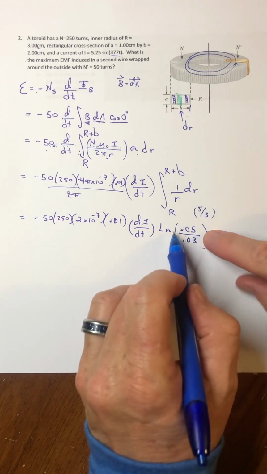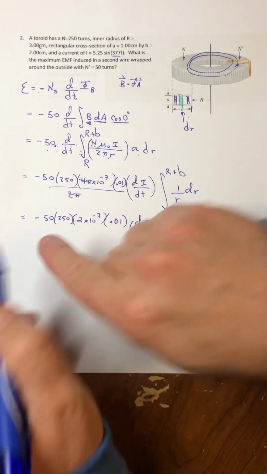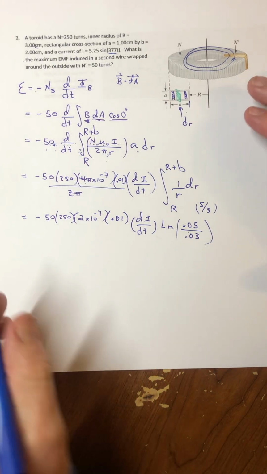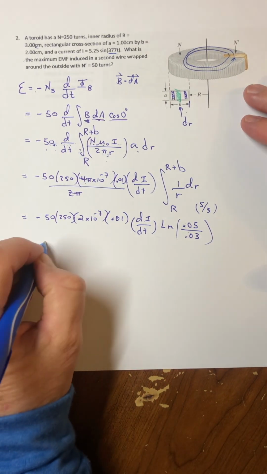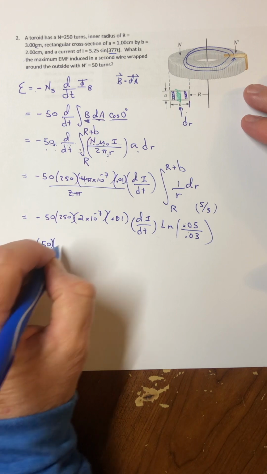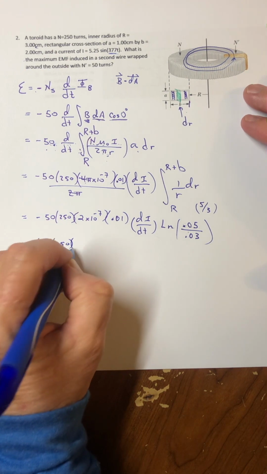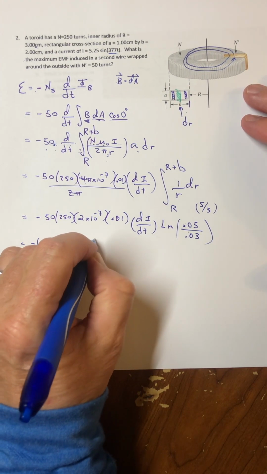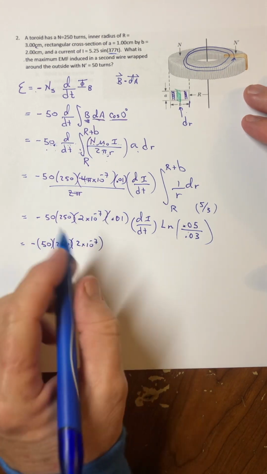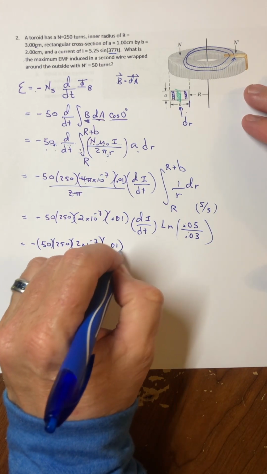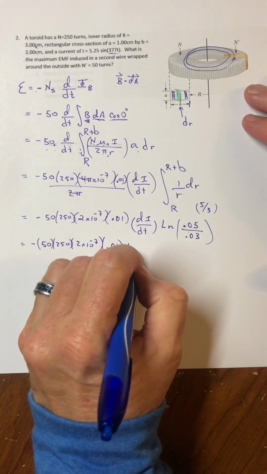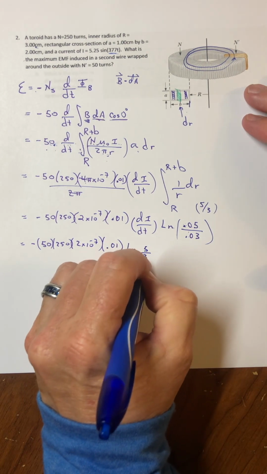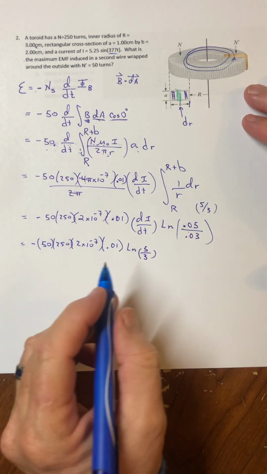It doesn't change with time, so it can go in front of the time derivative. So let's see. We've got a 50 times a 250 times a 2 times 10 to the minus 7 times a 0.01 times a natural log of 5 over 3 when I bring that in front.